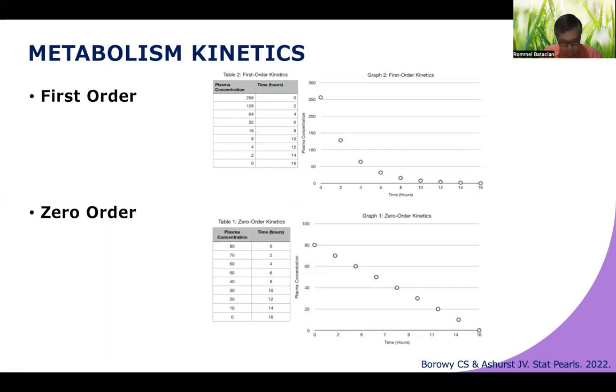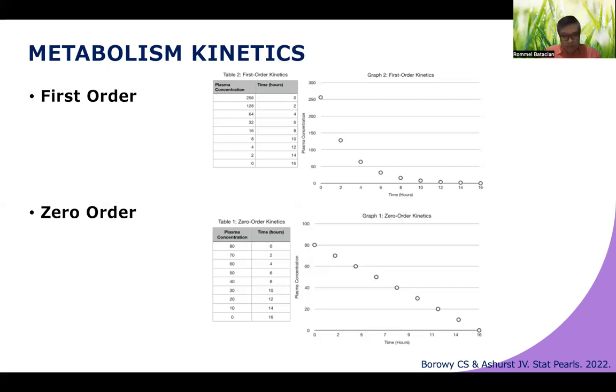The half-life of a drug following first order kinetics is constant regardless of the initial concentration. This means it takes the same amount of time to eliminate half of the drug from the body, regardless of how much of that drug is present, whether it's the optimal or suboptimal dose, or even excessive dosages given to the patient.